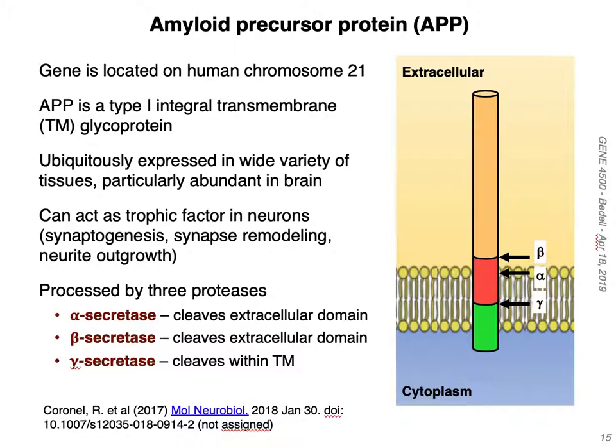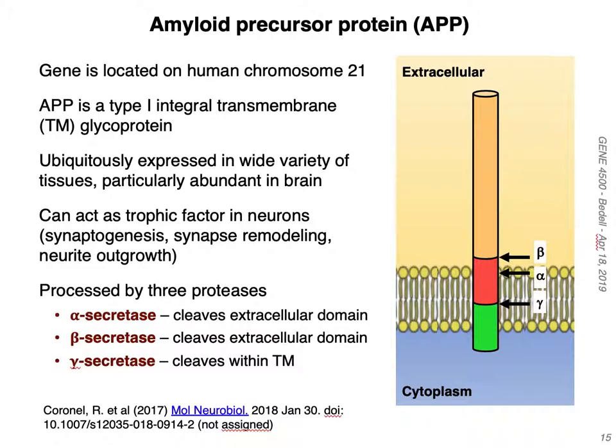So this is the precursor protein. It's a huge protein, right? This is the inside of the cell. This is the outside of the cell. Transmembrane domain. This is what's referred to as the beta domain. This is what's in red. This is showing the positions of the 3 cleavage sites for those 3 specific enzymes.